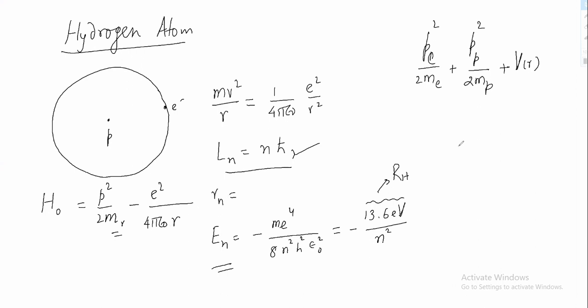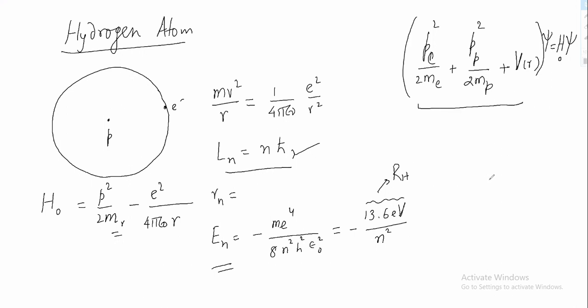That was minus e squared by 4 pi epsilon naught r. This was the equation. Okay?